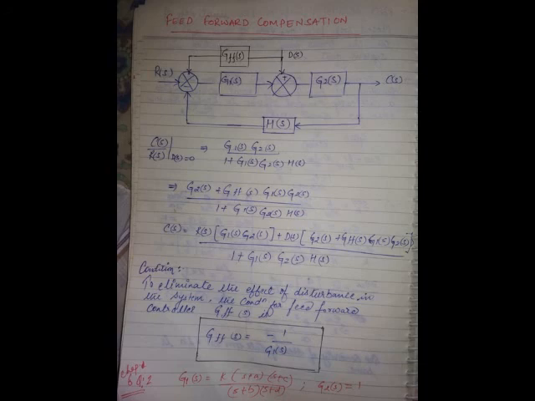What happens here? G2 minus G2, how much is it? It means the effect of disturbance will not be seen in the system at all. If a disturbance occurs in the system, it will actually not appear in the plant, because the controller is eliminating its effect. This scheme we call feed-forward compensation.